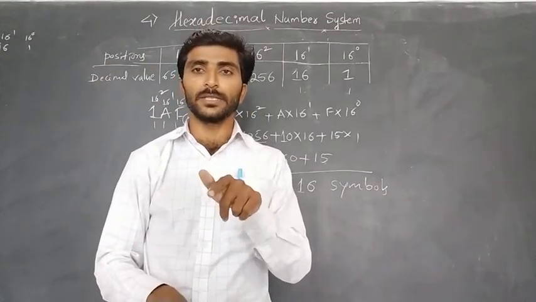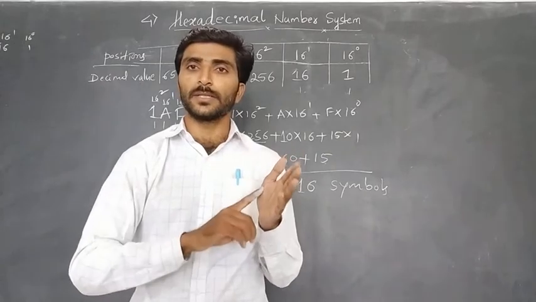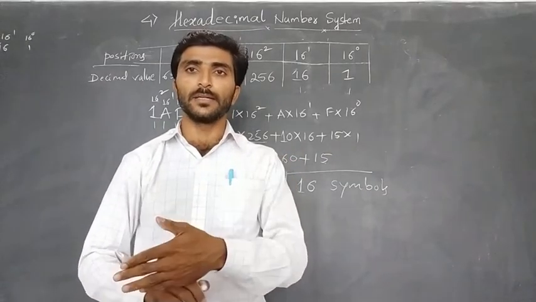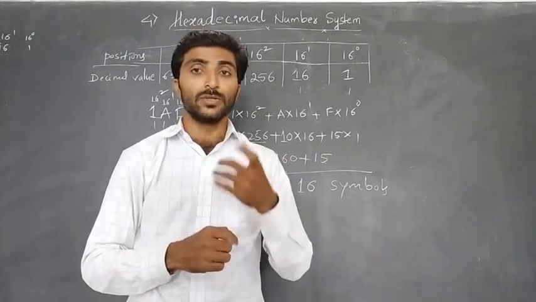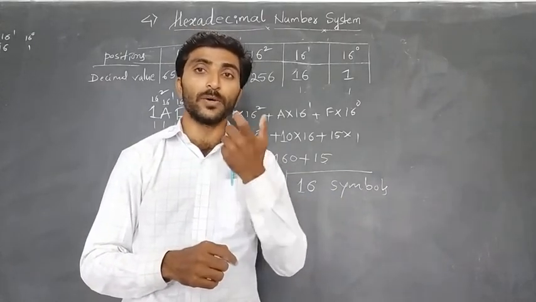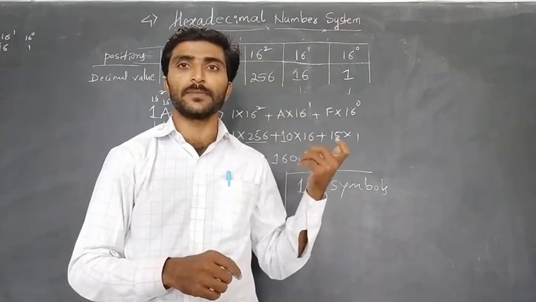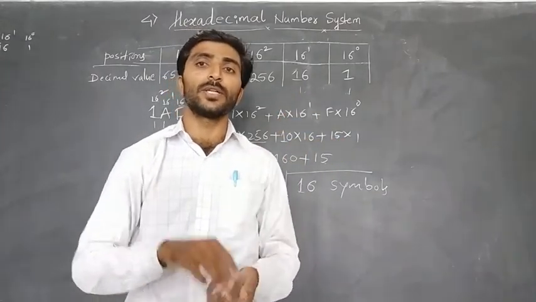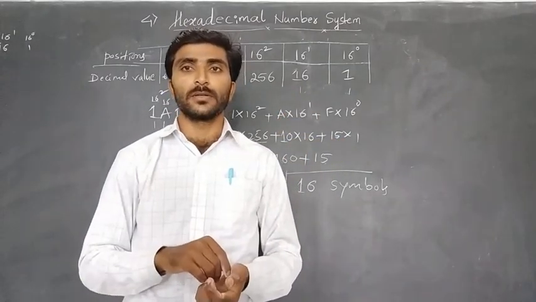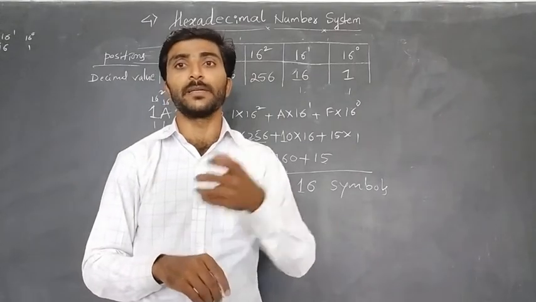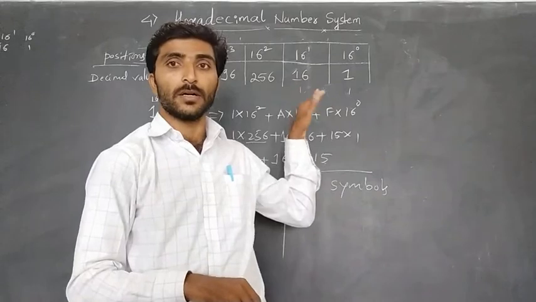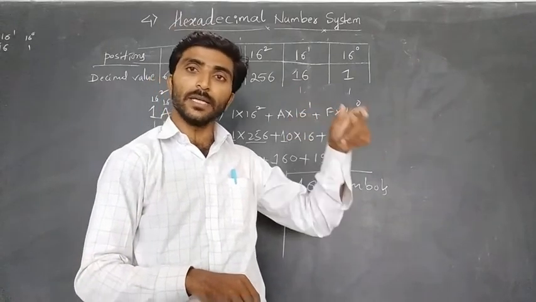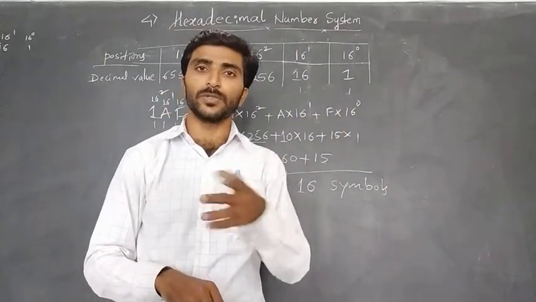There are 16 digits: the first 10 are 0 to 9, and the remaining 6 are A to F. Every digit from hexadecimal I want to convert into the binary number system, because the computer cannot understand this type of number. It can only understand binary numbers, in the form of ones or zeros.